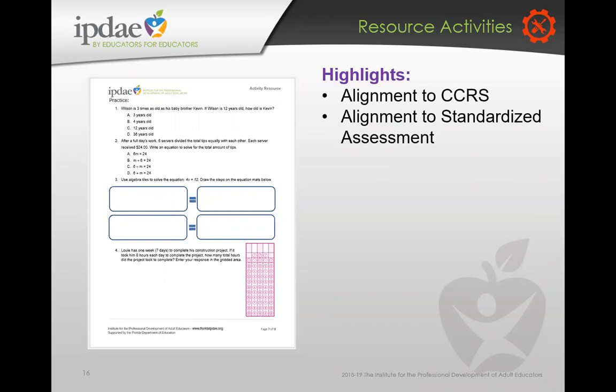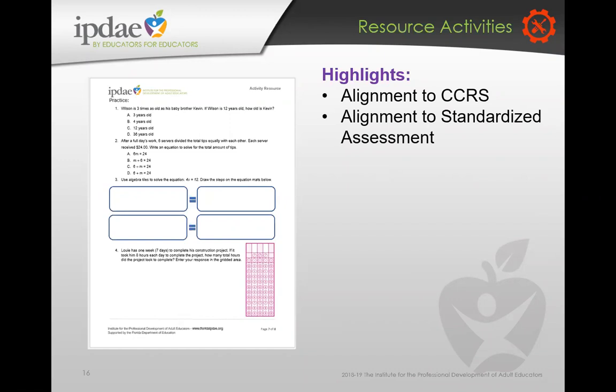As you can see, question number 4 is a gridded response type question, because students will also encounter gridded response. We want to make sure that students are able to practice not only solving word problems in multiple choice, but also working with technology enhanced items and gridded type responses.